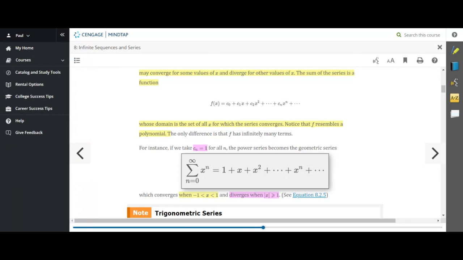And that power series would diverge when the absolute value of the common ratio is greater than or equal to 1. So, that was a very simple power series, and we were able to use our knowledge of geometric series to determine an interval of convergence.